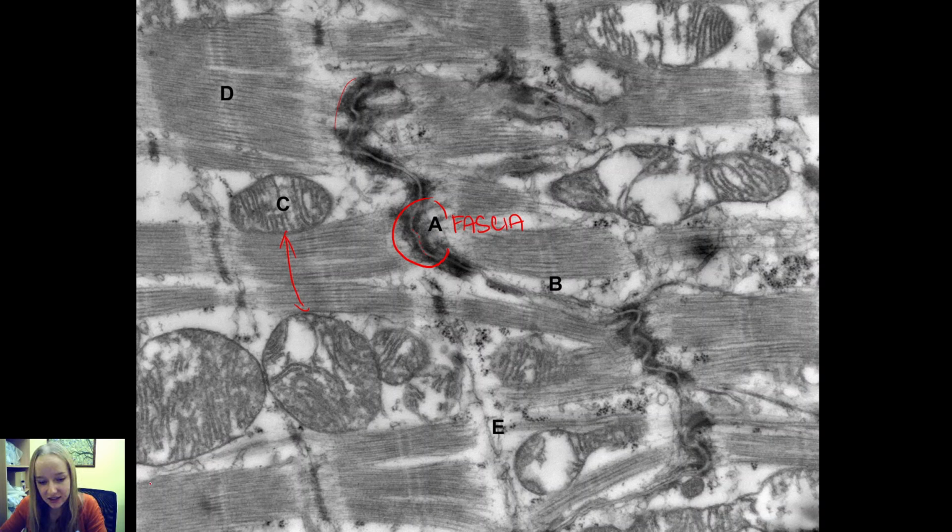You can see thin filaments going to the fascia. It's something similar to the Z-line, interconnecting thin filaments in one cell to thin filaments in the other cell right here. So this is the fascia adherens.